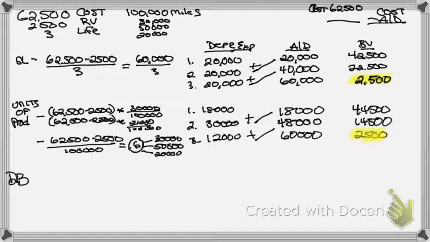Yes, exactly. All right, so double declining. This one's usually the hardest. So we got 62.5 minus accumulated depreciation. Now, what did I say accumulated depreciation was at the beginning of year one?